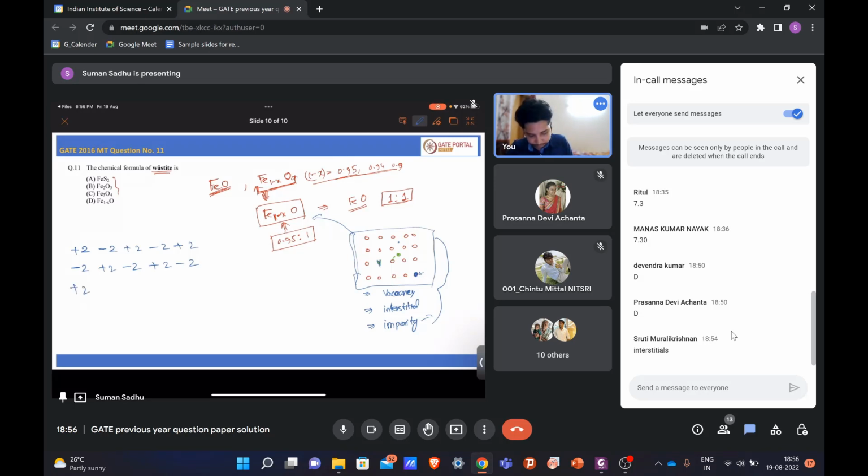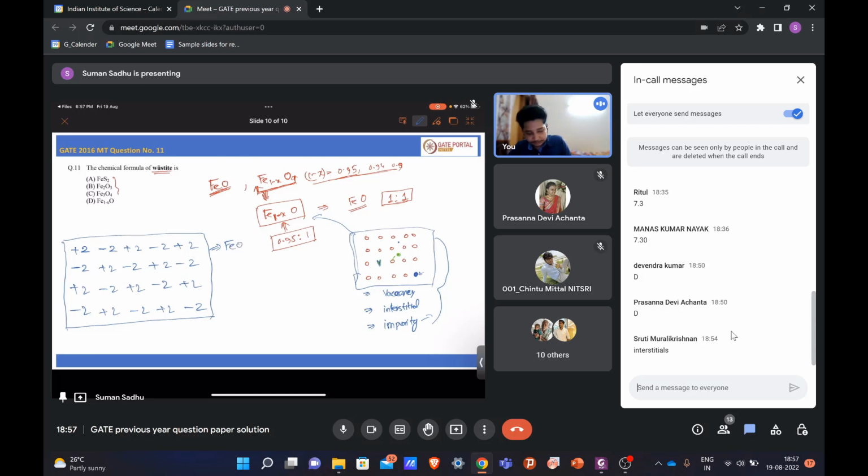Let's write in terms of valence only. If this iron oxide FeO is stoichiometric, this will be the kind of distribution it will have.